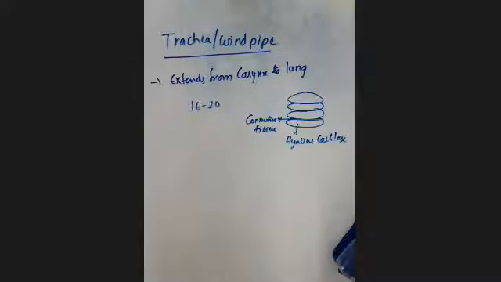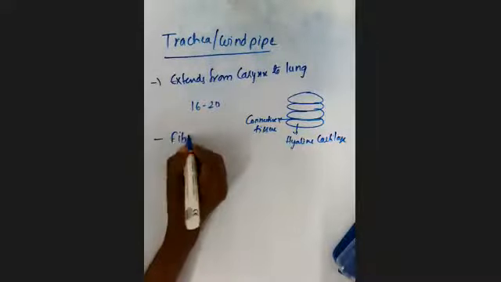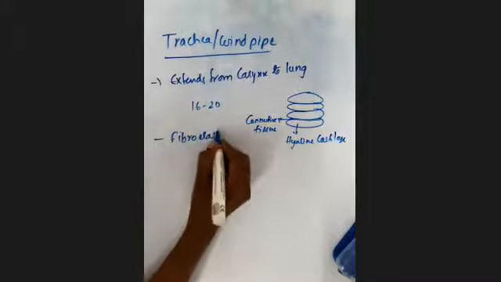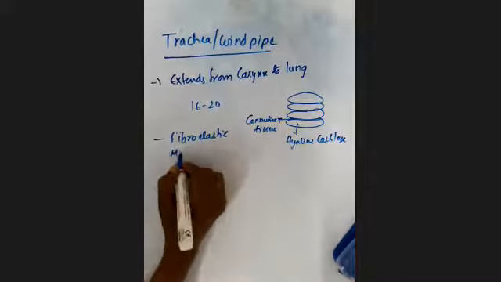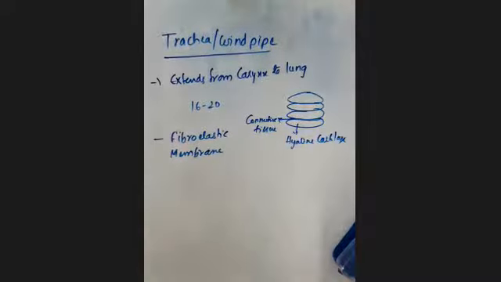And here you also have a flexible membrane called the fibroelastic membrane, which is an elastic membrane present in the windpipe.